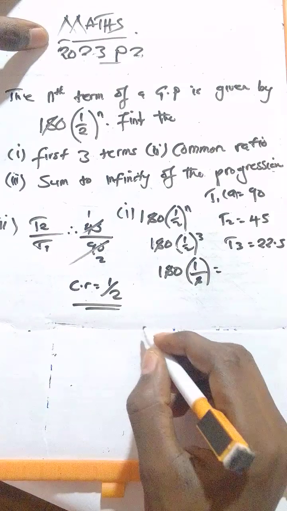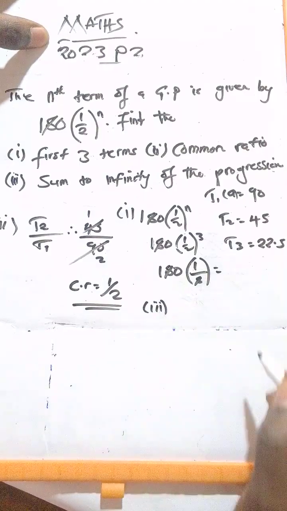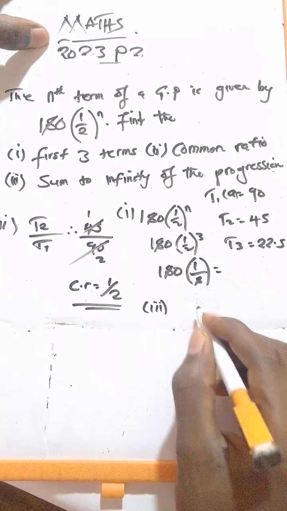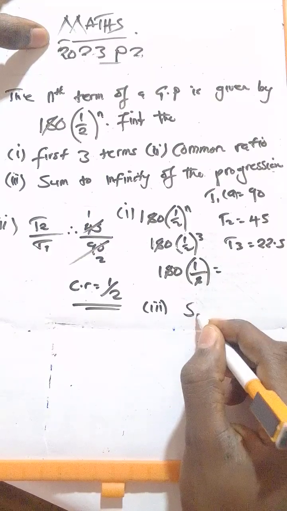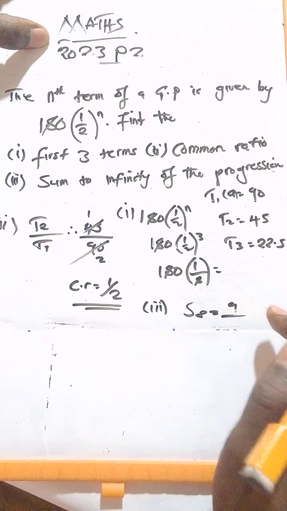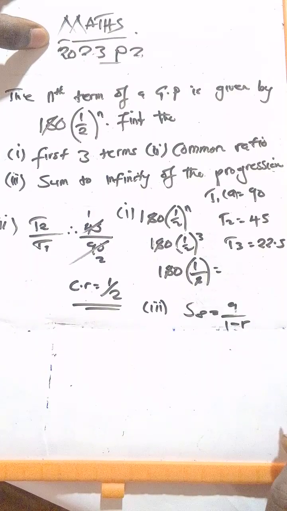Next, sum to infinity. The third one, the sum to infinity. So for the sum to infinity now, we know the formula: sum to infinity is equal to the first term over 1 minus the common ratio, r.